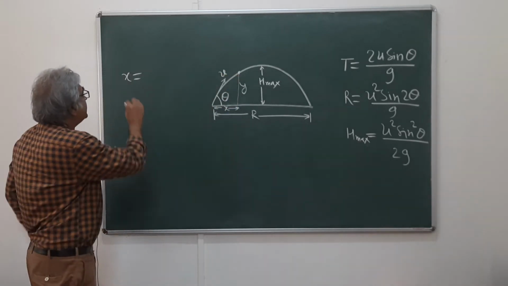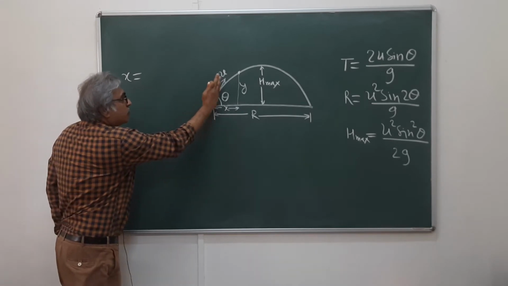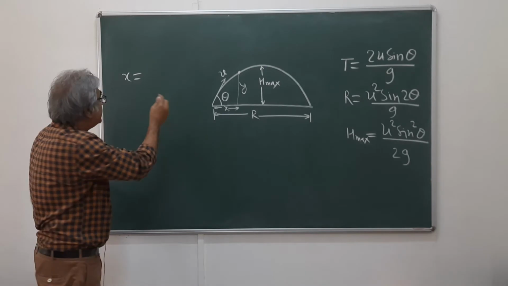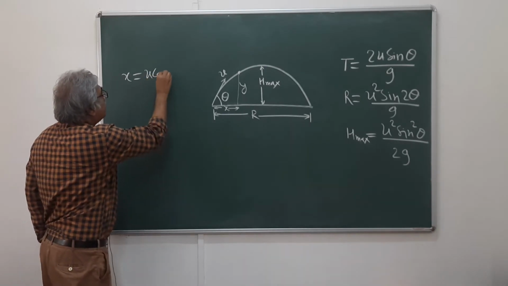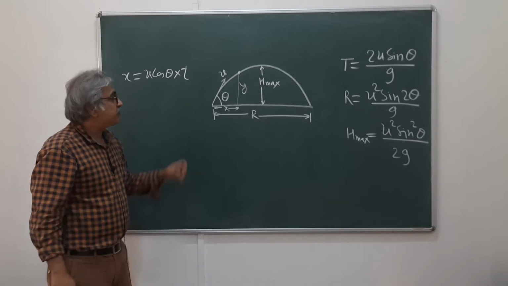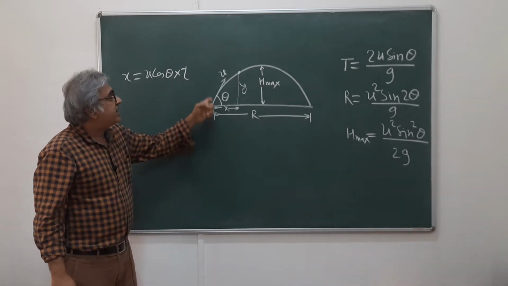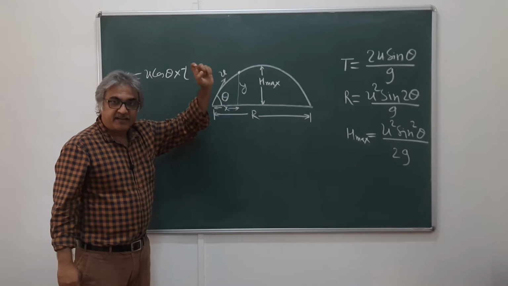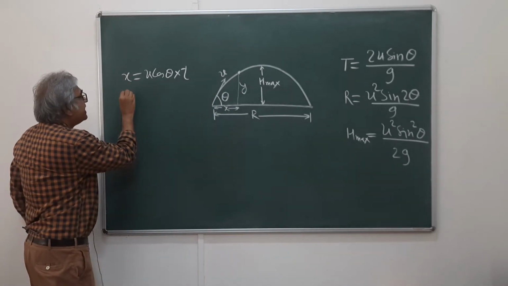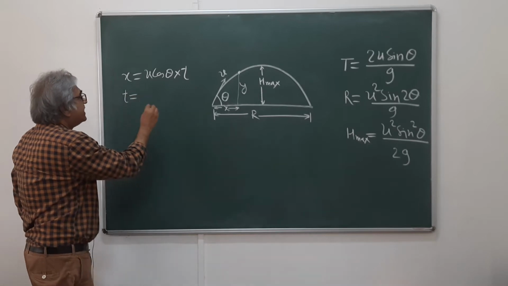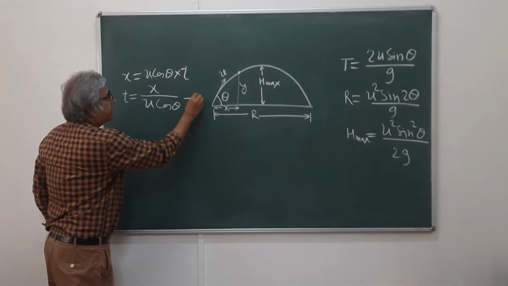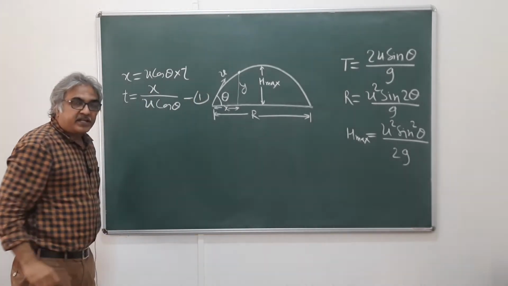So essentially we are saying x is equal to u cos theta, that's the horizontal component of initial velocity, into t. T is the time which the projectile takes to reach from here to some point here. Now from this we can say t is given by x divided by u cos theta.